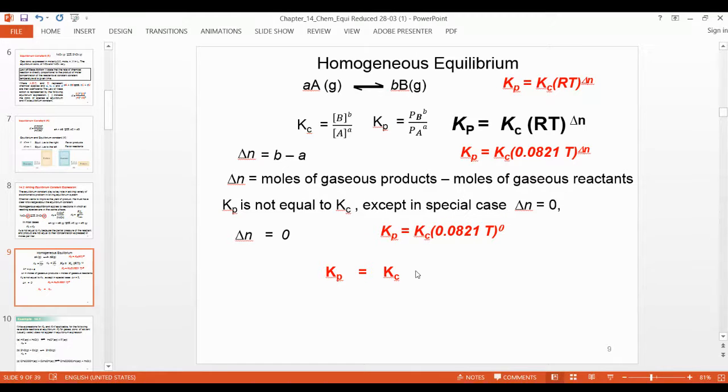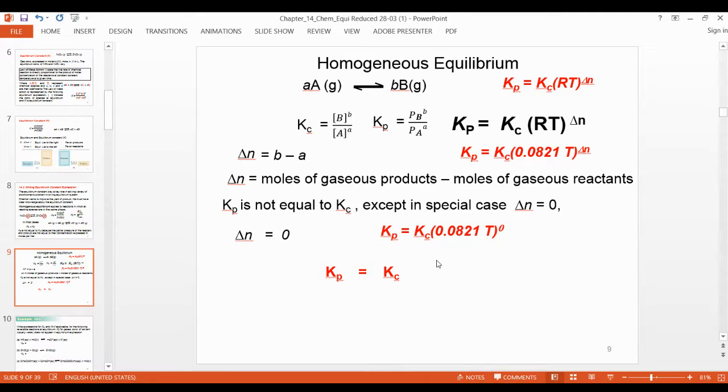Doctor, will it not be Kc equal to 1? Yeah, Kp is equal to Kc multiplied by 1, so Kp is equal to Kc. And how do you get delta n equal to 0?